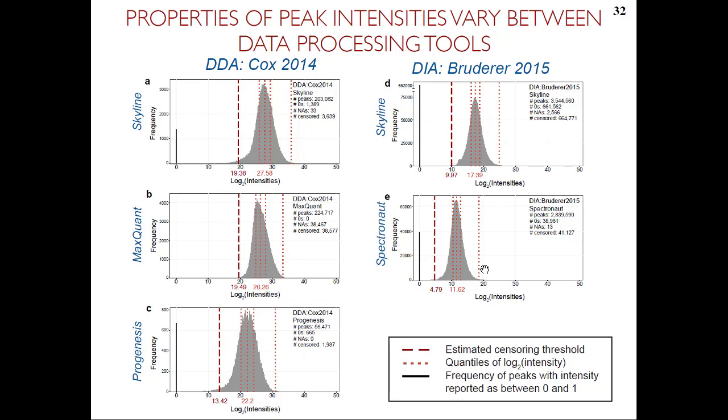Really big differences in the number of features. In terms of zeros, Skyline reports 1,000, MaxQuant reports none, and here we have 600. So clearly, when the peaks are very low intensity, in the regions of interferences and close to the limit of detection, this is where the tools report things most differently.